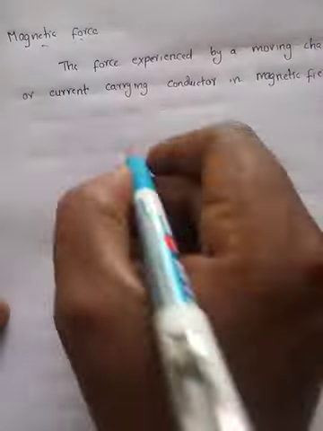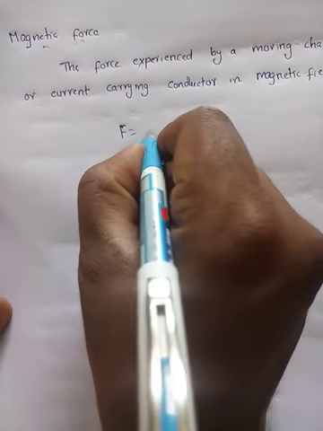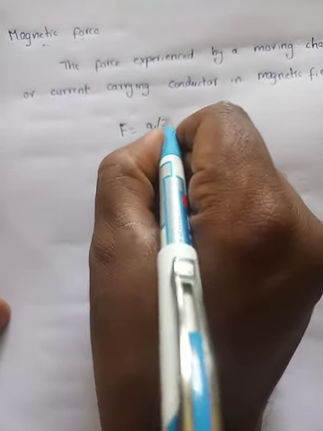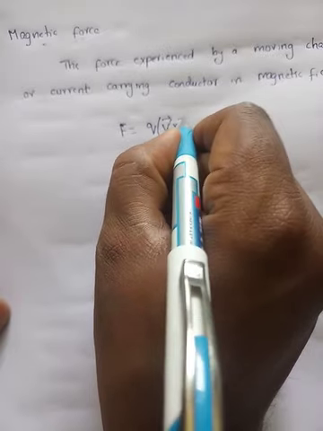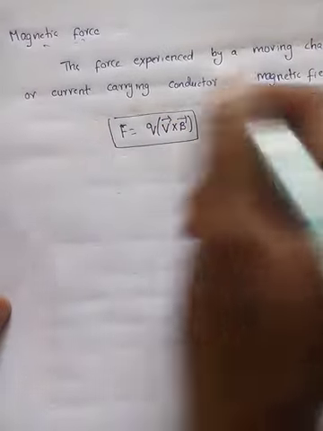The force experienced by a moving charge or current carrying conductor in magnetic field is called magnetic force, given as F equals Q into V bar cross B bar.